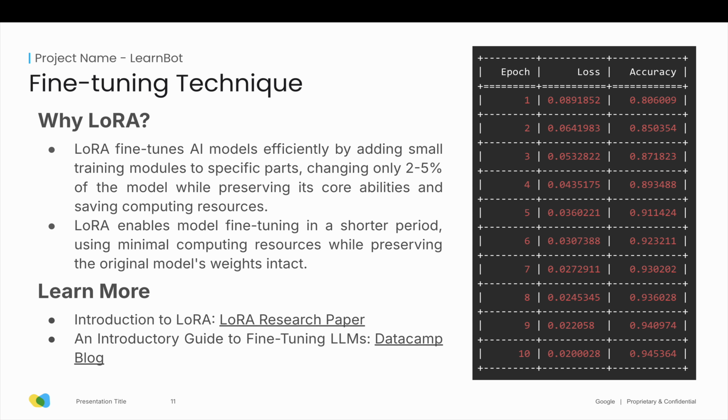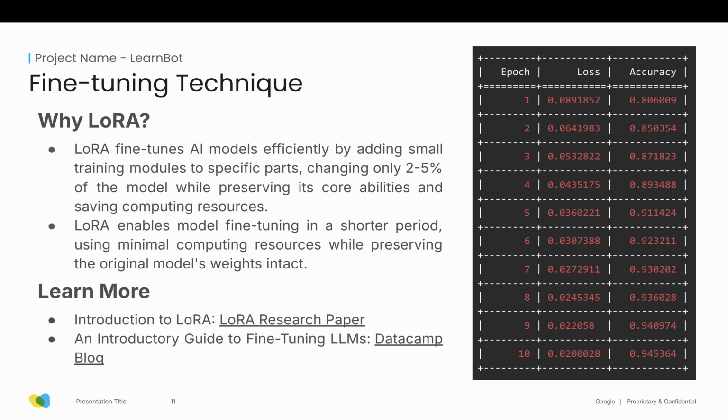Why LoRA? Because I used LoRA in my model fine-tuning process. LoRA fine-tunes the AI model efficiently by adding small training modules to specific parts, changing only 2 to 5% of the model while preserving its core abilities and saving computing resources. LoRA trains the model in a shorter period and uses the least amount of resources while keeping the model's original weights intact.